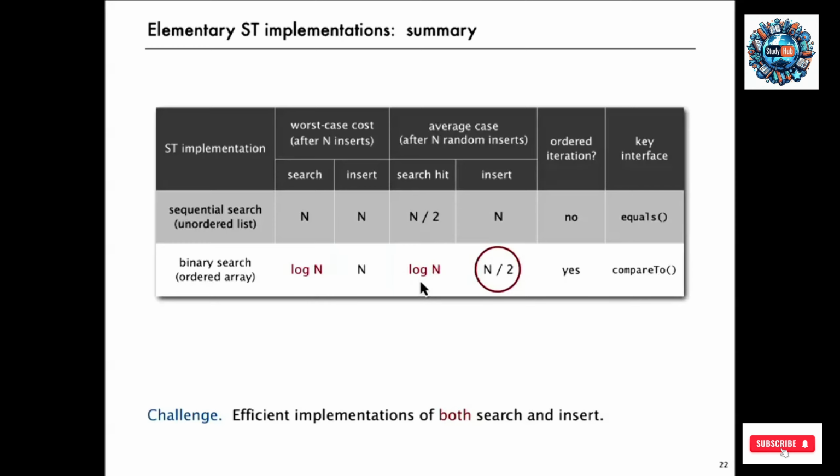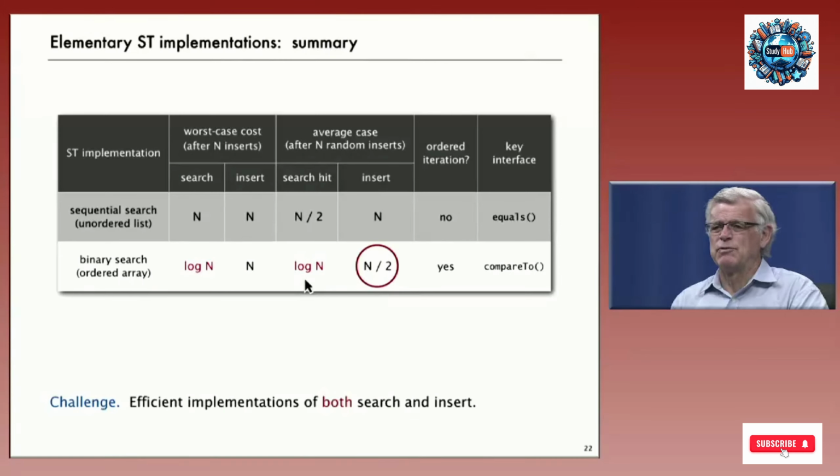And this is a fine data structure for symbol tables that are relatively static, where the values don't change much, and most of the operations are search. It's hard to beat binary search. On the other hand, in a dynamic situation where there are a lot of inserts, this method is going to be problematic because the cost of insert is linear.